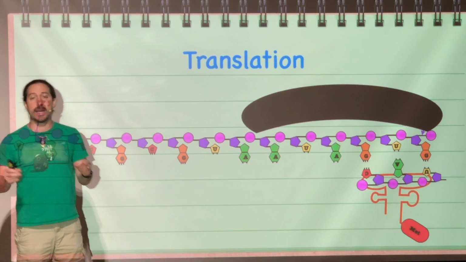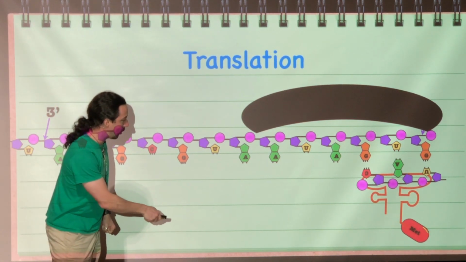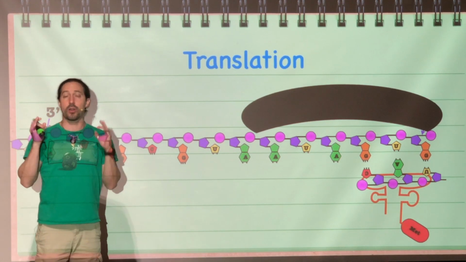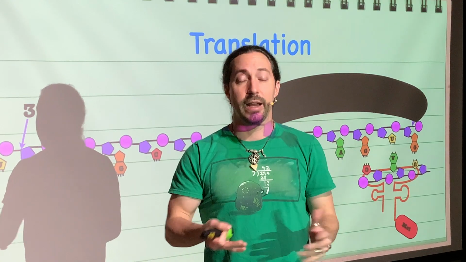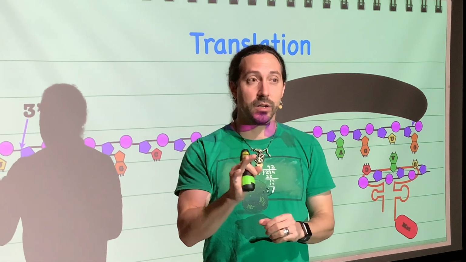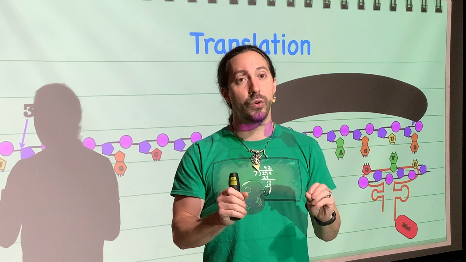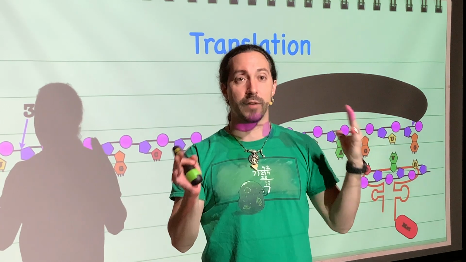And this tRNA is a very specific tRNA. You'll notice it's carrying the amino acid methionine. And the reason for this is that our start is always going to code for methionine. That is our start. And the codon for methionine is AUG, going from the 5' to the 3' direction.